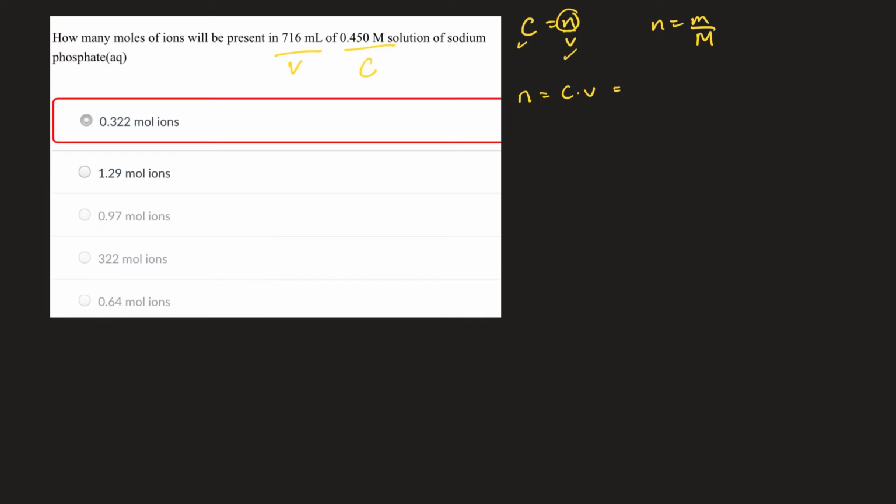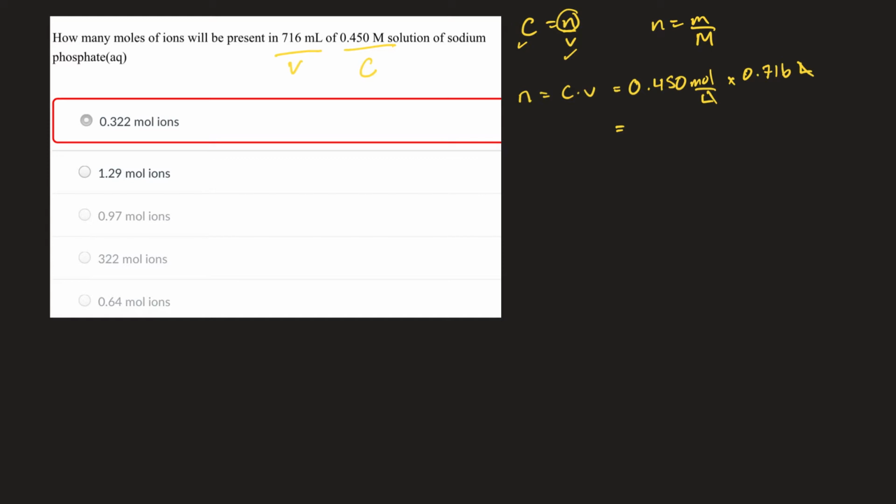So n is equal to C times V, and the concentration is 0.450 moles per liter times, well, that's in milliliters. I'll fix that, over 10^3. So it'd be 0.716 liters. Liters cancel. So let's figure out what that is.